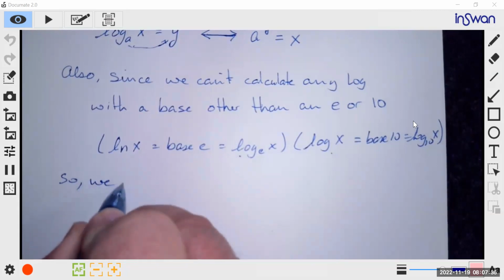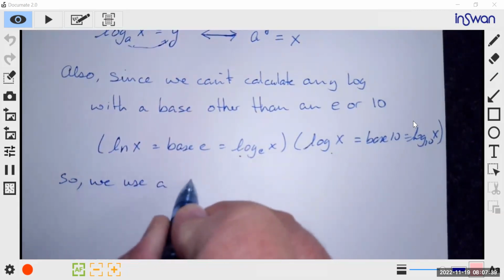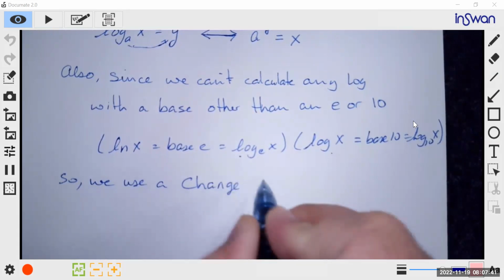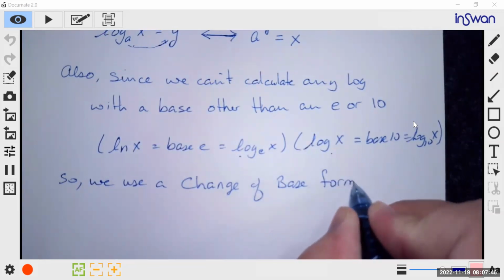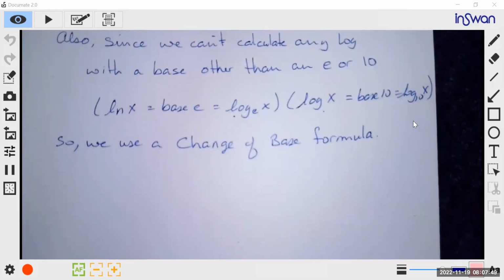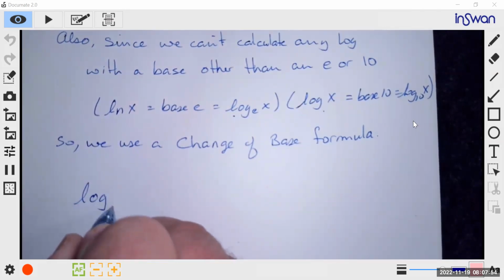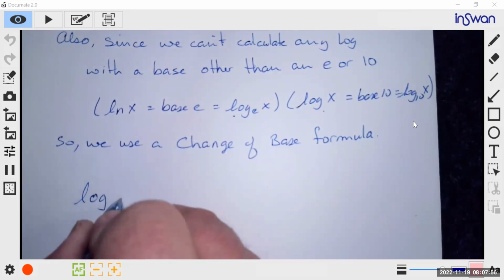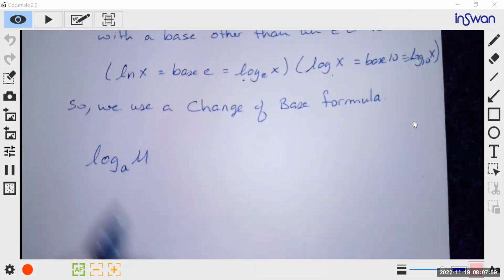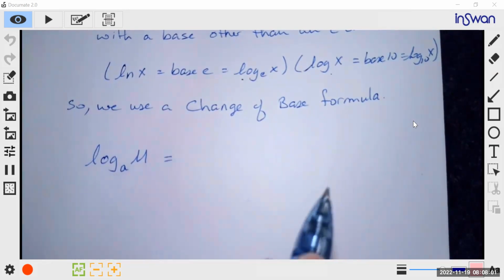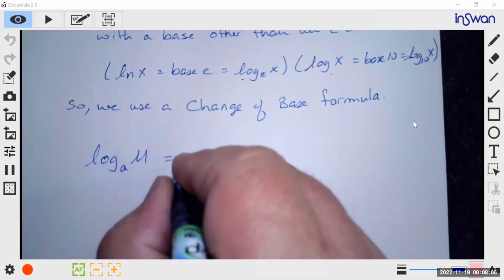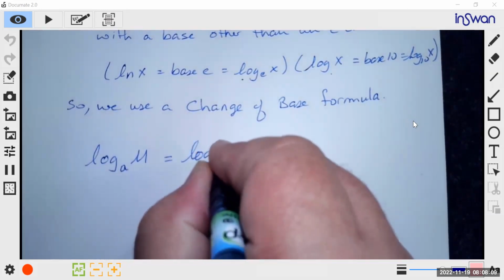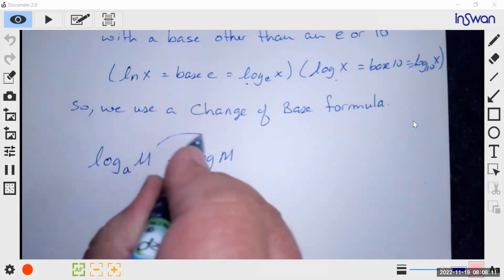So we use a change of base formula. So we have log base a of m. The change of base is we're going to make a fraction out of these two numbers. Whatever the operation is goes on top.